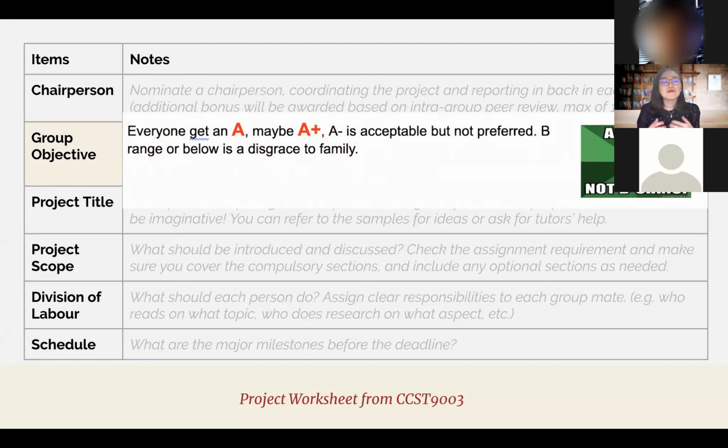So setting this strategic goal for your team is going to help you to bring this team together. So whenever you go off track, you go slightly deviated from some of the plans you have set, you want to bring back this strategic goal and bring everyone back to the same page again.